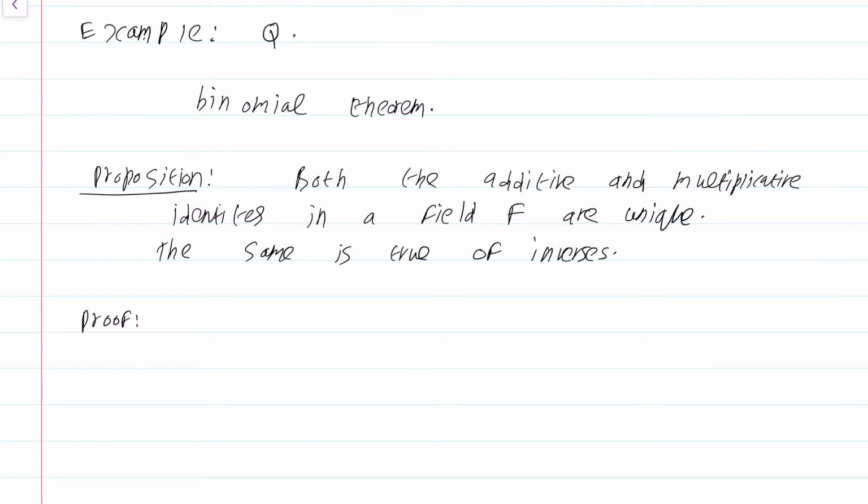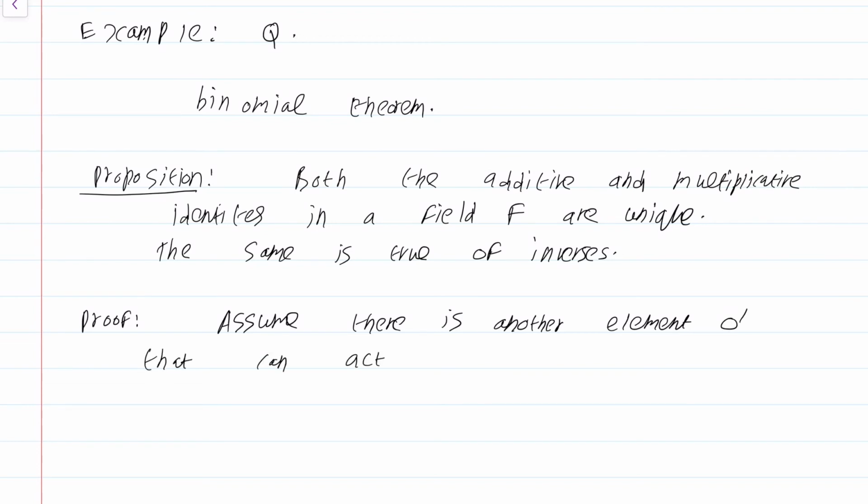One tip here is that when you want to show that there is exactly one element in a set that satisfies a certain property, the way to go about it is to assume there is another element 0 prime that can act as additive identity. Now what we will do is show that 0 prime has to be 0.